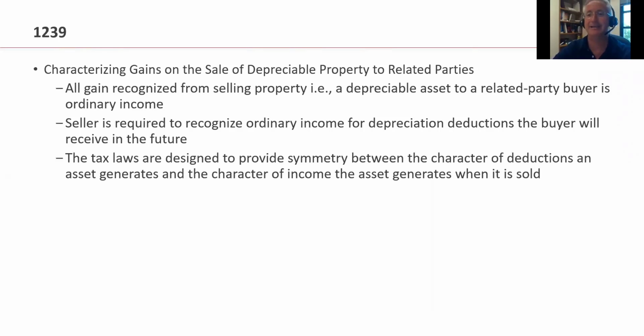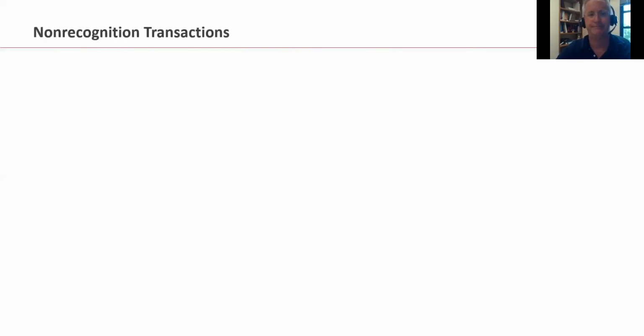So what's happening is I'm taking all these depreciable deductions and I'm generating all these 1231 or presumably capital gains. So the rule is, you know what? No way. You sell it to a related party, the gain needs to be ordinary. And that's just going to prevent you from doing that sort of thing that I just described. So it's really just a trap for the unwary.